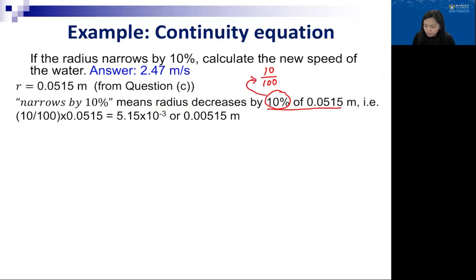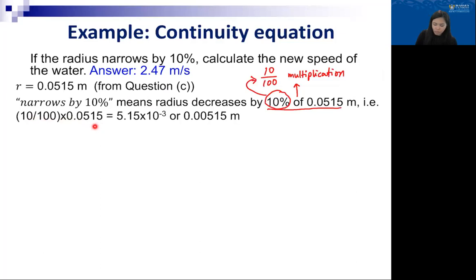Of means multiplication. And then, of course, 0.0515, that's the original one. So if you put 10% off something in equation form, that will be 10 divided by 100 times whatever you're wanting to get 10% off.